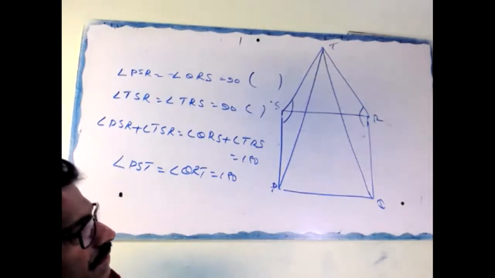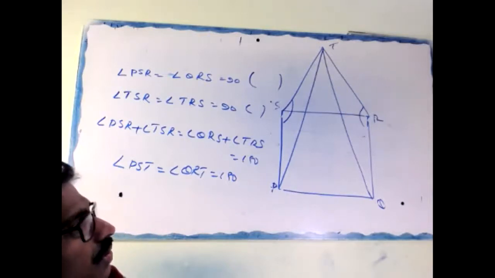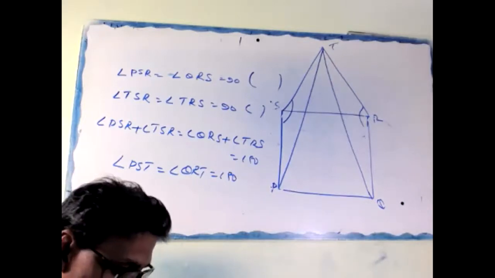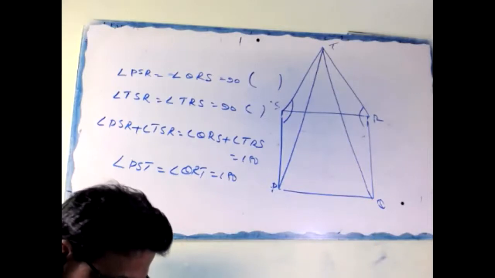Therefore, triangle PST congruent to triangle QRT, SAS congruency. Hence, PT equal to QT. Up to here, okay? Is it okay or not?